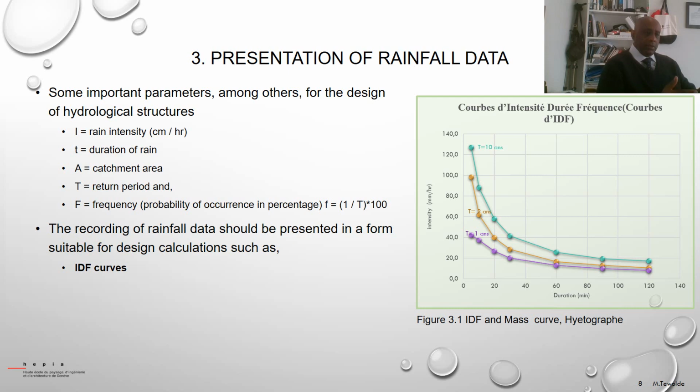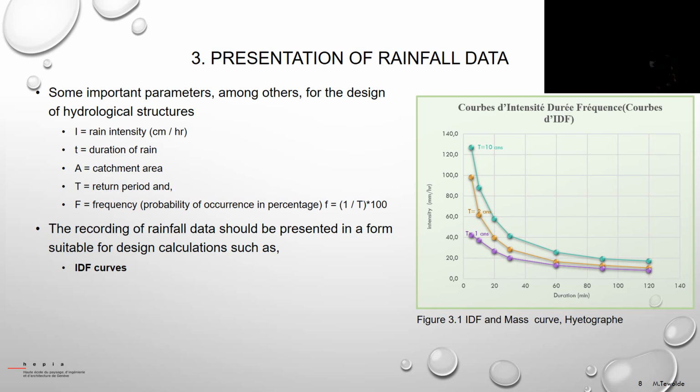A return period is the period in which a rainfall event comes once in 5 years, 10 years, 20 years, 30 years, 300 years, something like that. For example, in a 5-year period, it may come now in 2 years, 3 years, or something like that. But the average of the rainfall event that comes in 5 years, its return period is called 5 year.